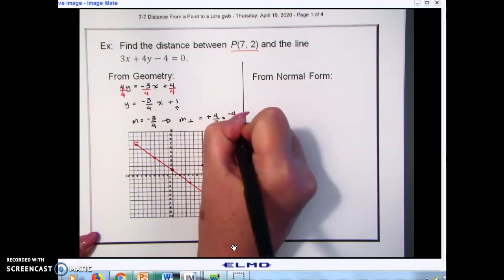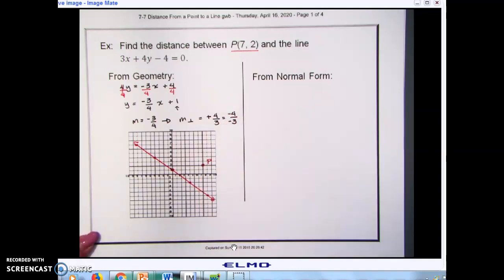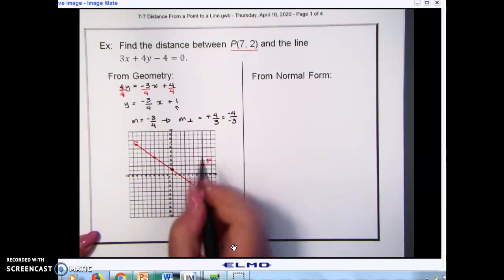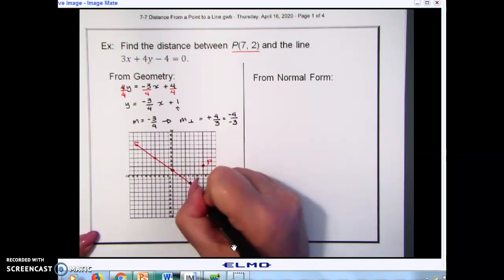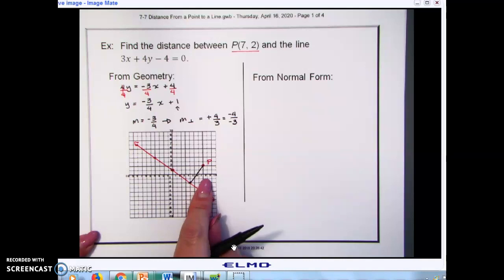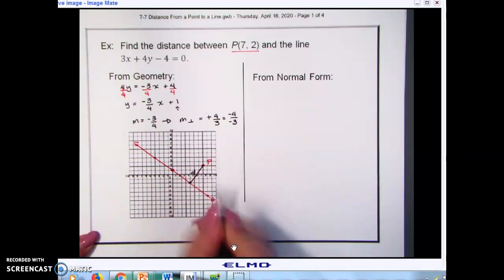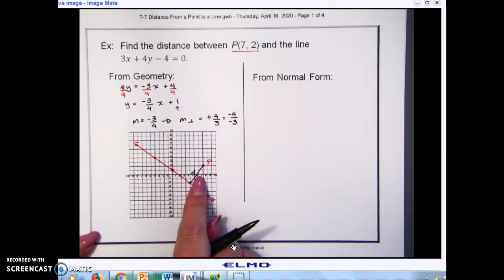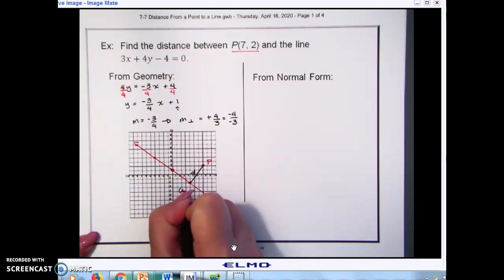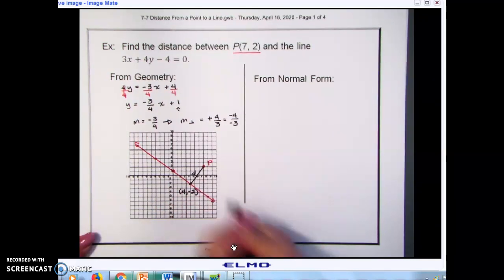So remember, we can do the opposite of 4 and the opposite of 3 to head towards the line. So if I go down 1, 2, 3, 4, and to the left 1, 2, 3, that would hit right at this point. And so this black segment would represent the shortest segment from that point to the line. And then D would represent the distance from that point to the line. So this hit at 4, negative 2.